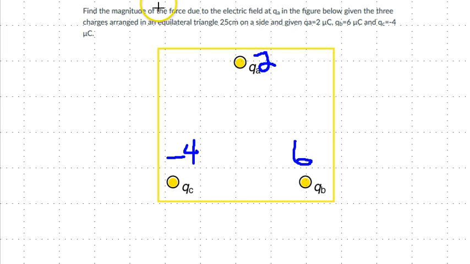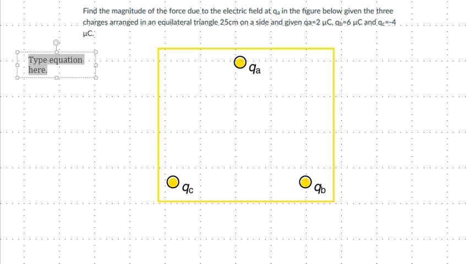And what we're looking for is the magnitude of the force due to the electric field at QA. Well, if you remember, the force due to the electric field, F equals Q times the electric field, right?